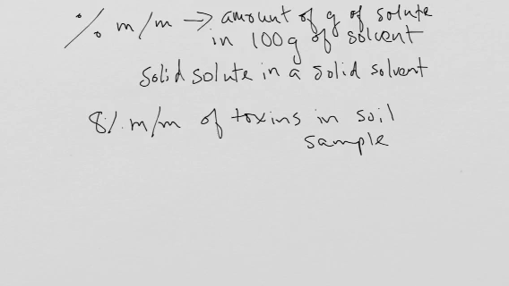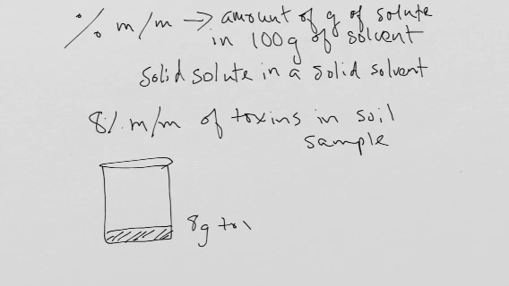So if I take a beaker here, and I say I collected a soil sample, and I calculated that there's 8%, 8 grams of toxins in 100 grams of this sample.